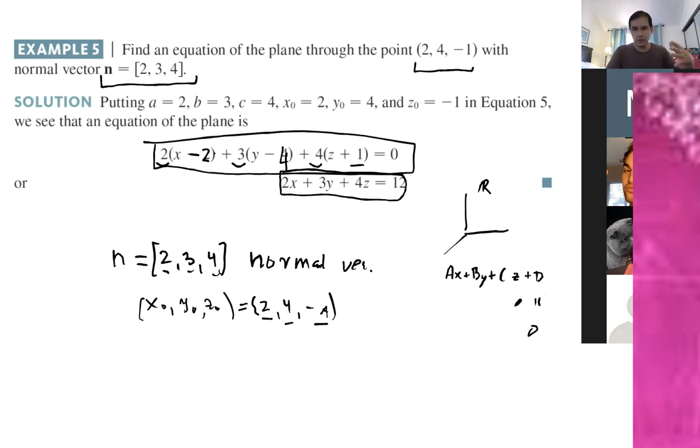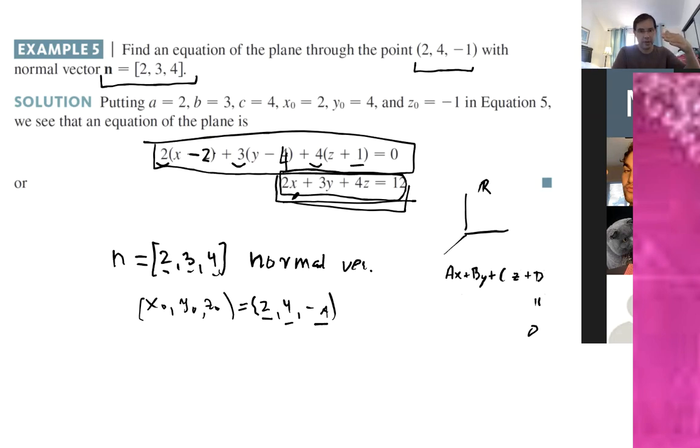Every plane has this equation, and notice that this is indeed a plane. The a is 2, b is 3, and so on. So this is the plane that goes through the given point 2, 4, and -1.